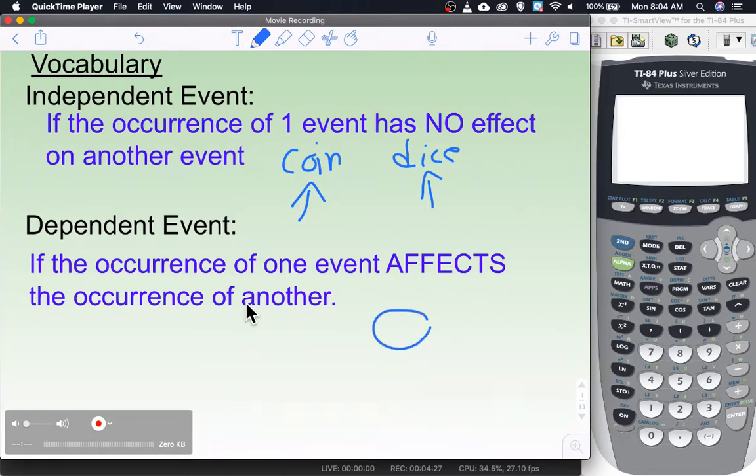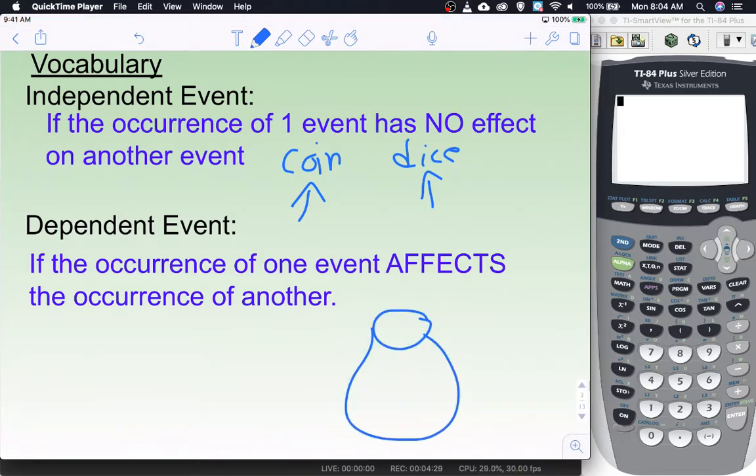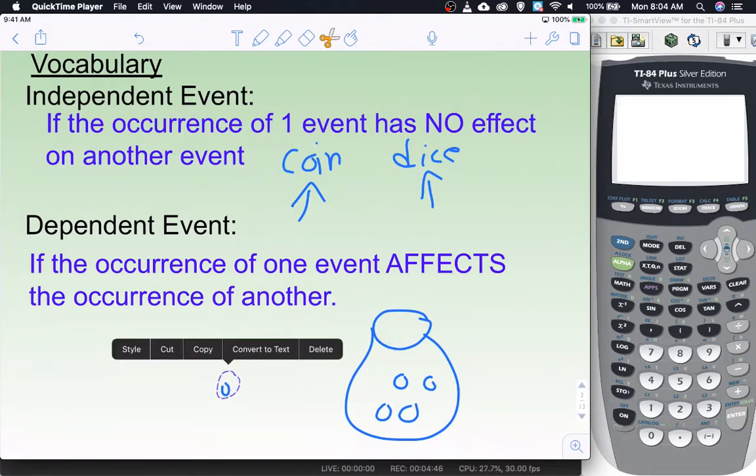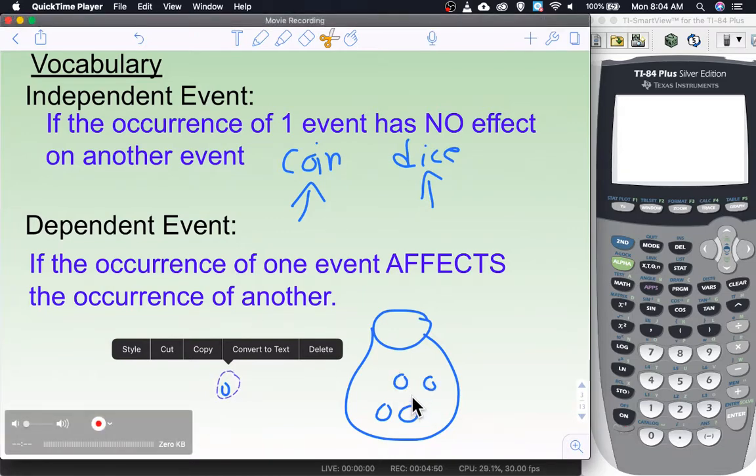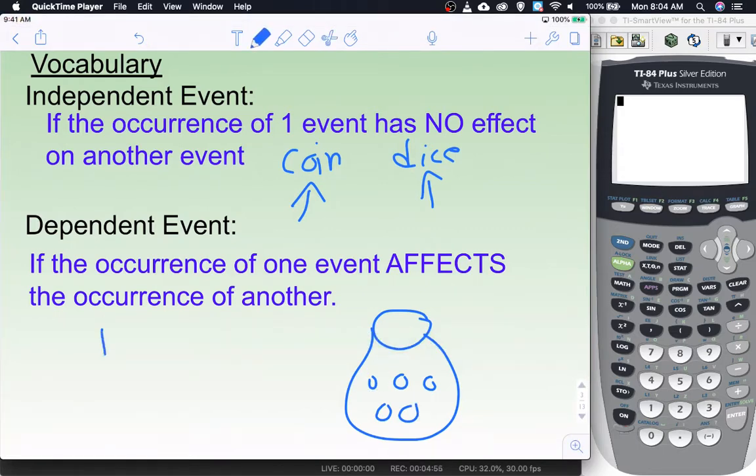If I have a bag of names, those are people's names, and I wanted to pick 2 people to, I don't know, get $500. Well, if I pick out this person here, now the probability of picking another person has changed. At the beginning, everybody had a 1/5 chance of getting picked.